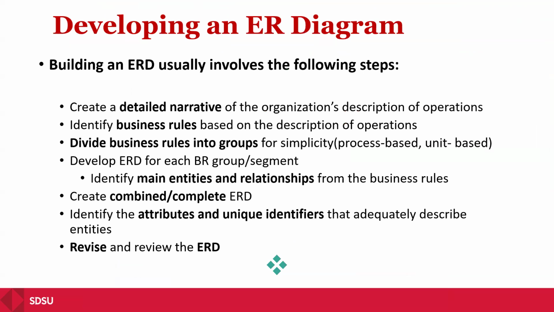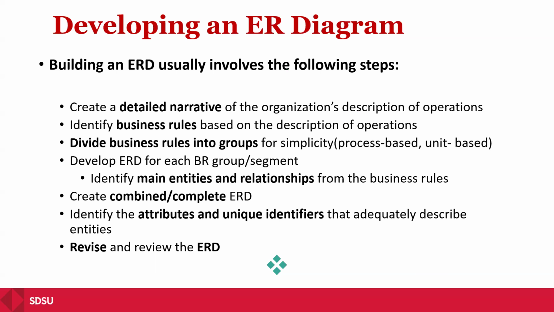Now, we're getting closer to the end of this lecture, so I'm going to talk a little bit about how to start working on an entity relationship diagram. Those are the basic steps, and that's what we'll be doing in the second part of the class. So how do we do that? First, we need a very detailed description of business rules.